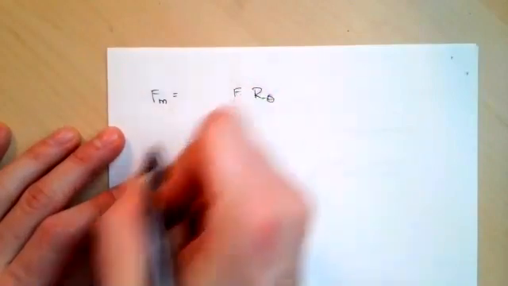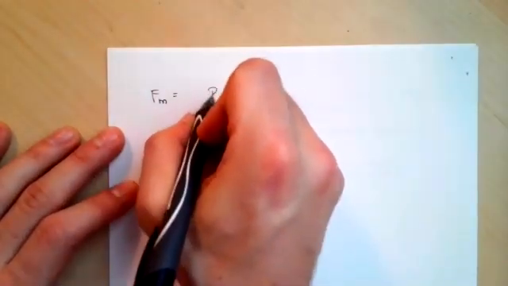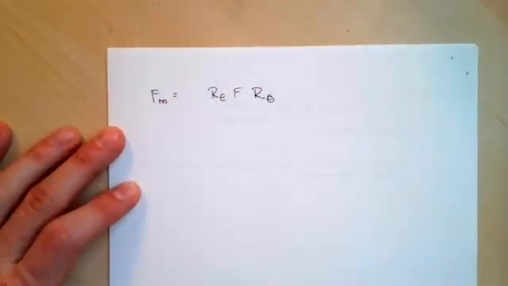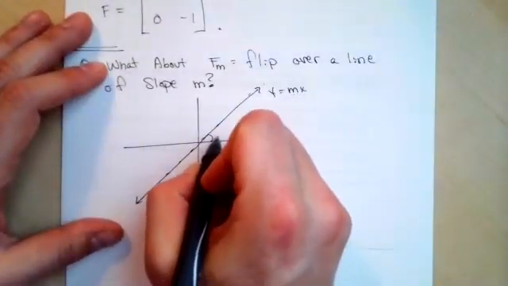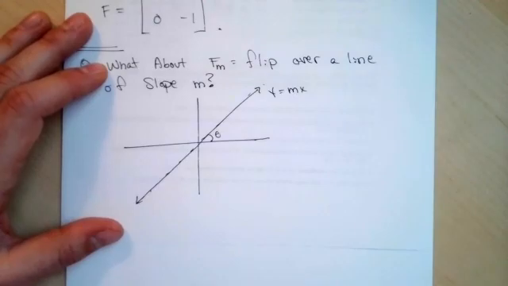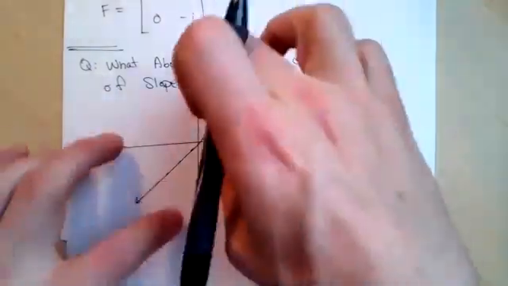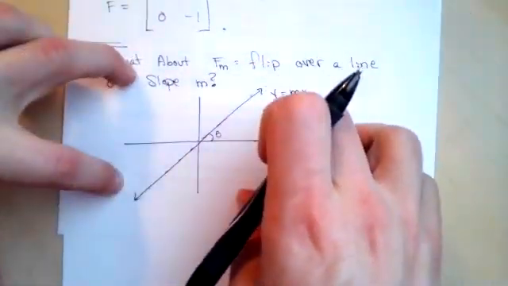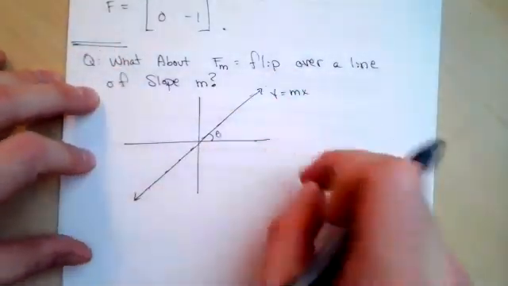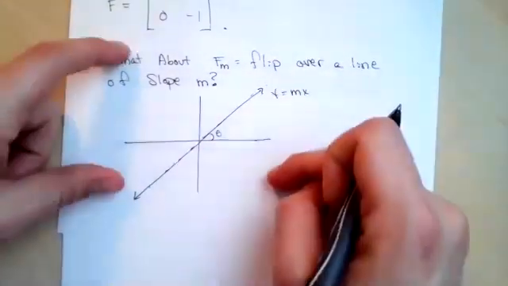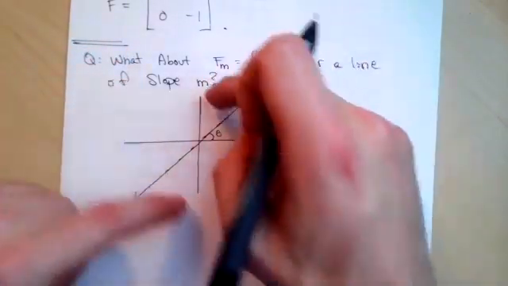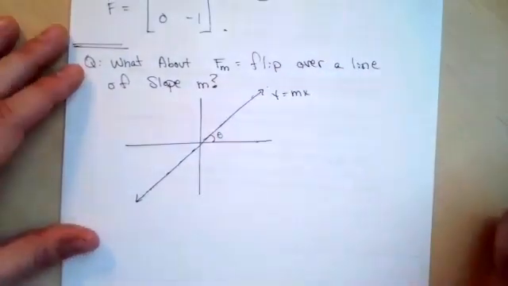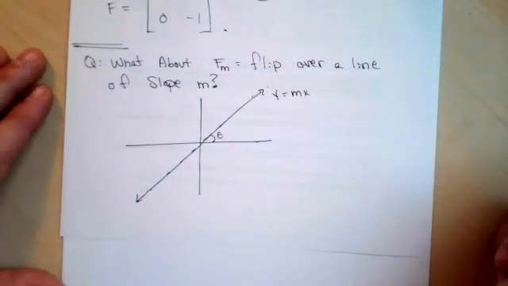We can then flip over the x-axis and then rotate back. So for a given line of slope M, we need to figure out this angle. We can take this line and take everything in the plane and rotate it so that that line is now on the horizontal axis. Now flip everything and then rotate everything back. That would be the same as flipping values over that line. Everyone see that?